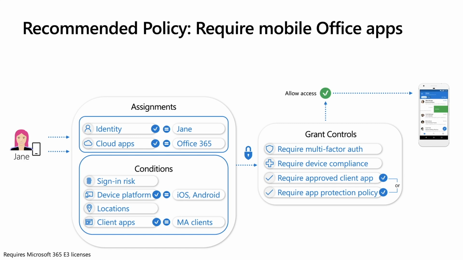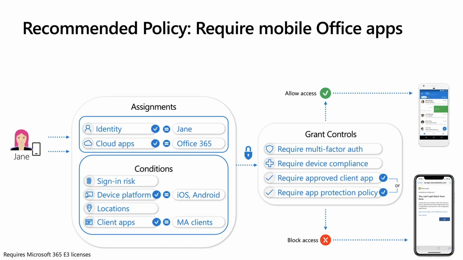If, on the other hand, Jane attempts to use a modern authentication capable ActiveSync client like iOS Mail, Jane will actually be blocked by Azure Active Directory because iOS Mail is not defined on the require approved client app grant control list, nor does iOS Mail have the Intune SDK integrated within it. Azure Active Directory will notify Jane in its response that she needs to use an approved app.